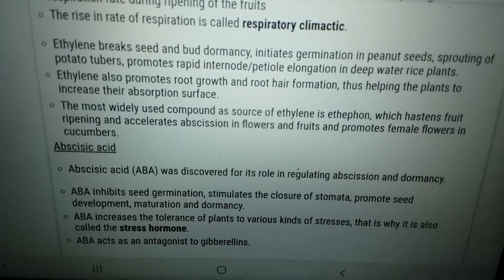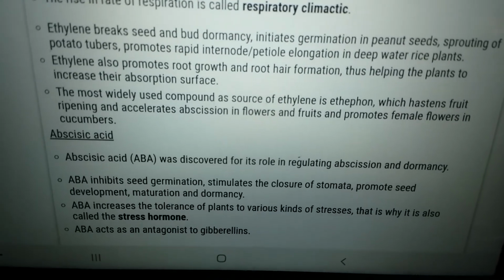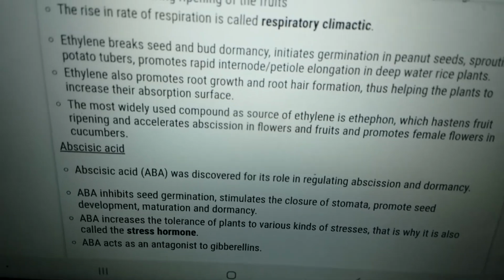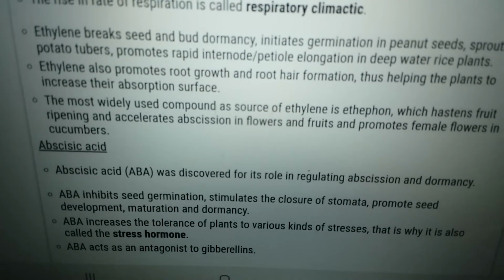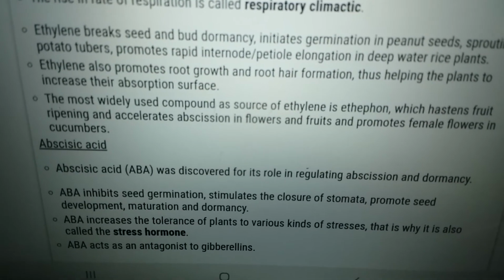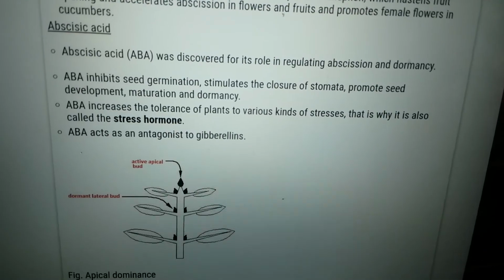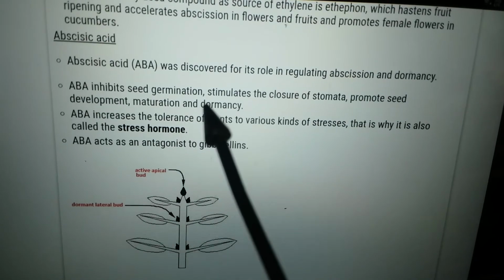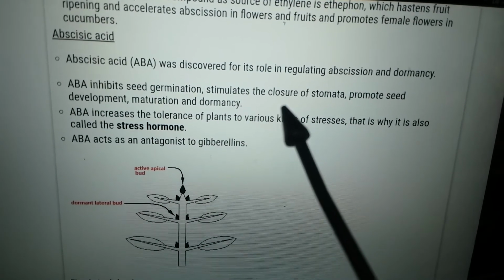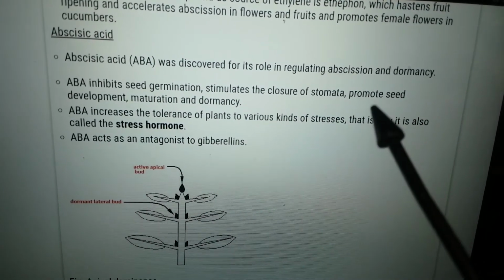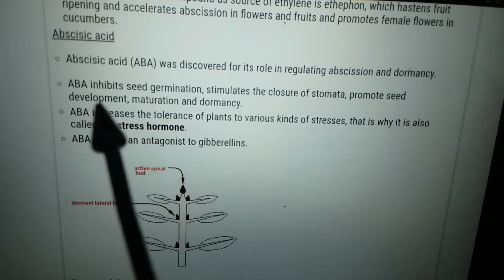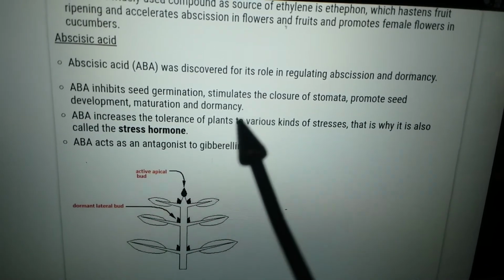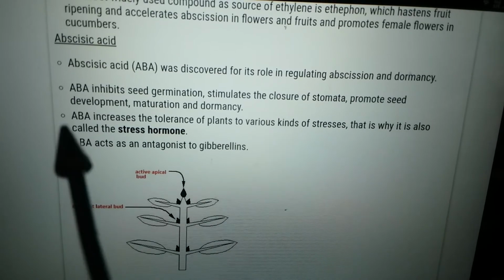Another plant growth inhibitor is abscisic acid. It was discovered for its role in regulating abscission and dormancy. Abscisic acid inhibits seed germination and stimulates the closure of stomata, thereby promoting seed development, maturation, and dormancy of the seeds.